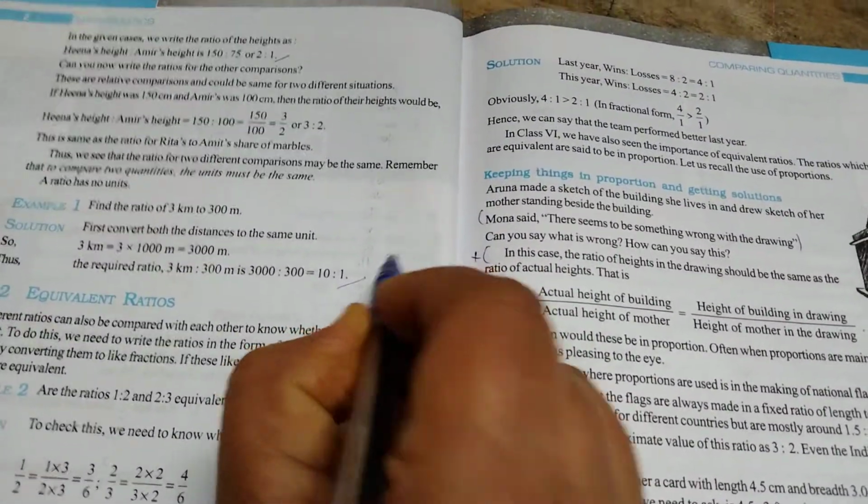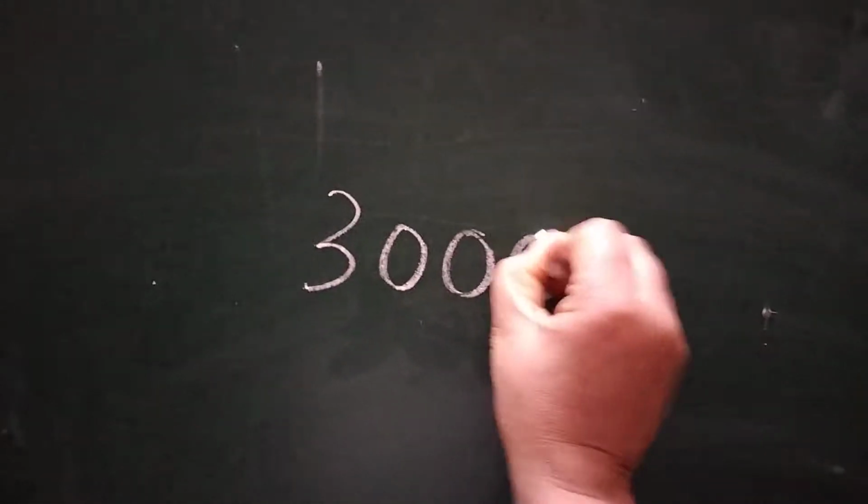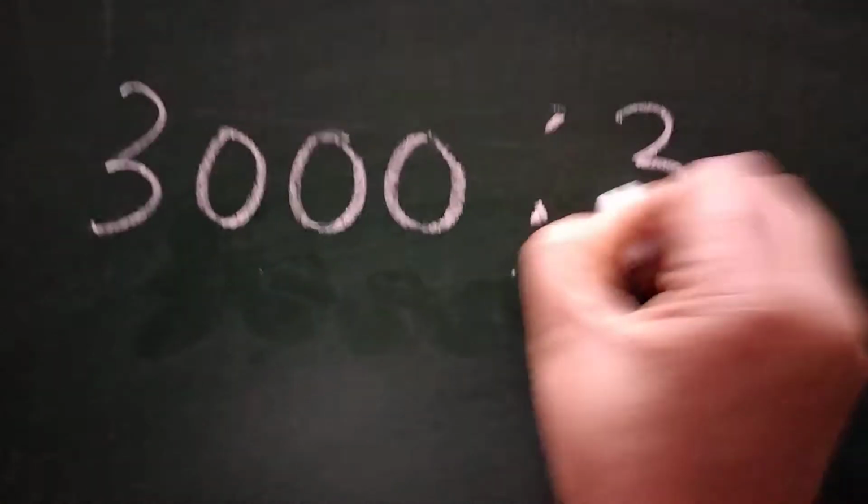When we divide 3000 like this, I will do it on the board. See like this, 3000 is to 300.